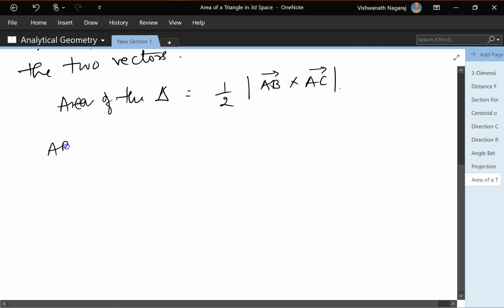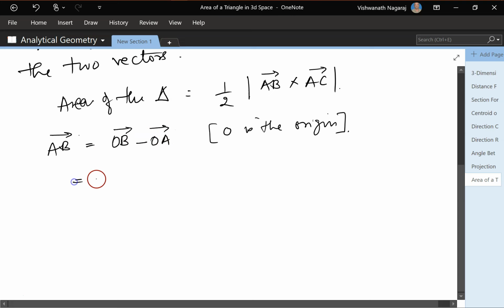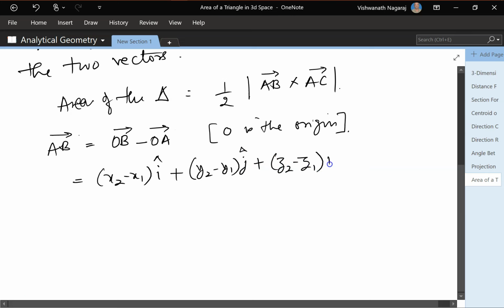Now AB would be equal to OB minus OA, where O is the origin, which means OB and OA are the position vectors of B and A. So this would be x2 minus x1 i plus y2 minus y1 j plus z2 minus z1 k.